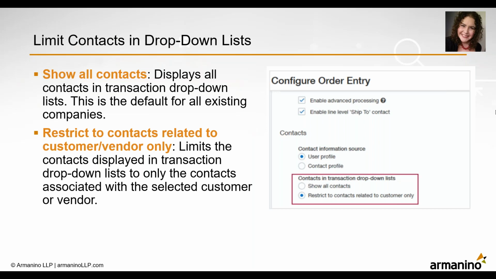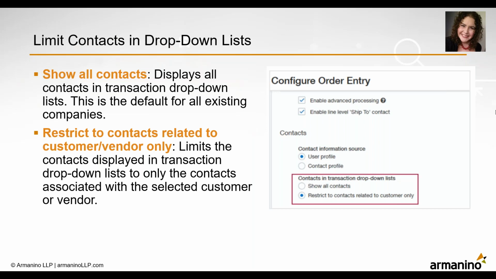You can have a ship to, a bill to, a return to, and a 1099 contact. Depending on whether you're a vendor or customer, some or all of those might not be available, and you can set those contacts.